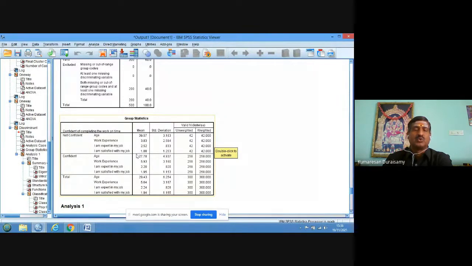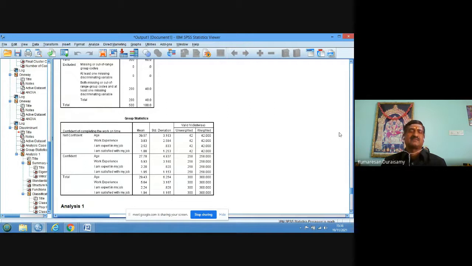Now you compare the two groups, the confident group and the not confident group. Look at the mean age: 27.78 here, and 39.57 there.